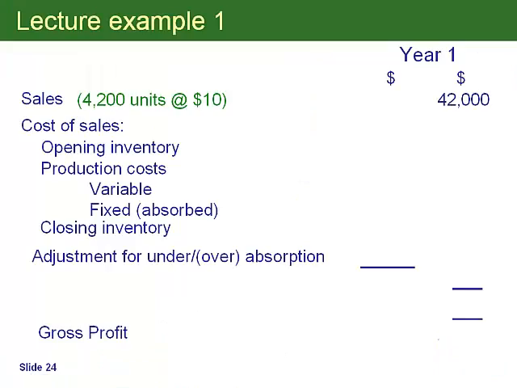So you should have made sure that you dropped in your easy numbers first into the pro forma you were given. So we were told a number of units that we sold and the selling price. We were told we had no open inventory. In terms of the variable production costs, we had $6 here. Now make sure you're just picking up your production costs.